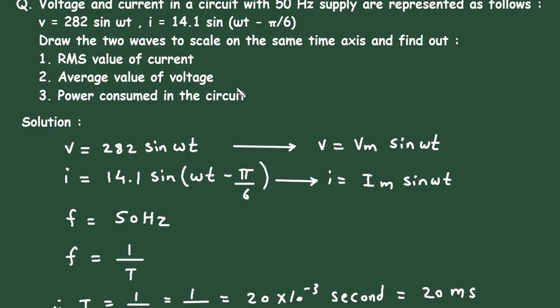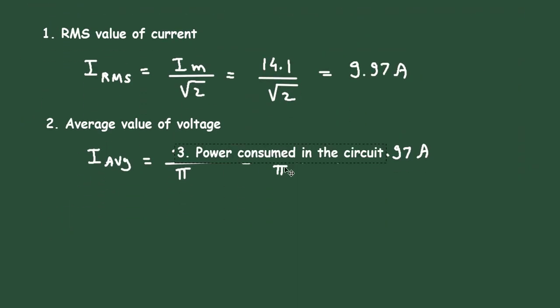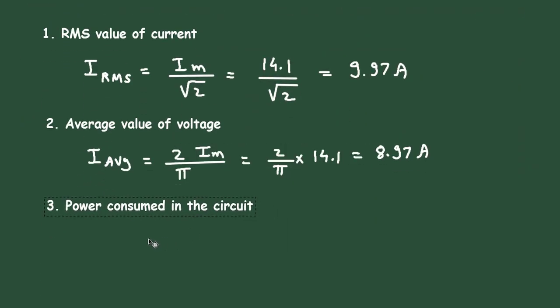Next we have to find the power consumed in the circuit. We know that power is equal to Vrms into Irms into cos phi.